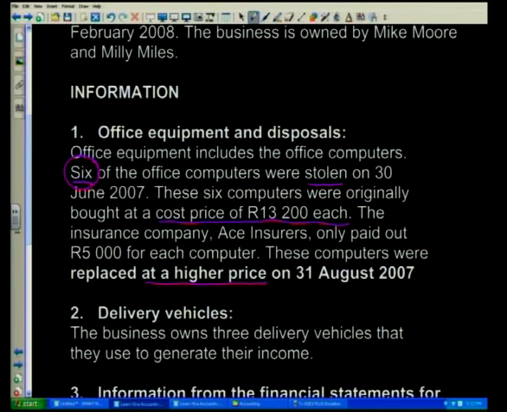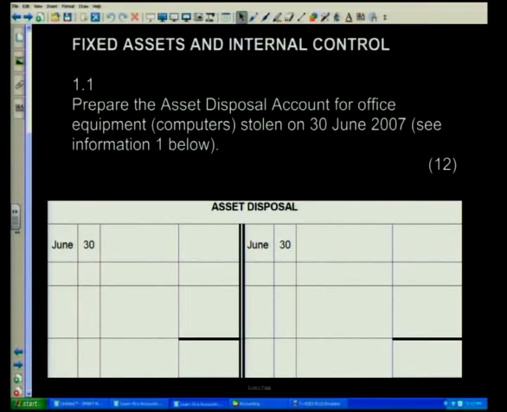So we can already complete the asset disposal account with the second step. What we're going to want to do is include the cost price of the computers that were stolen. Since they were computers, we should write on the debit side of this asset what they were, and since they were computers, they were equipment. Now we need to transfer the cost price in here.